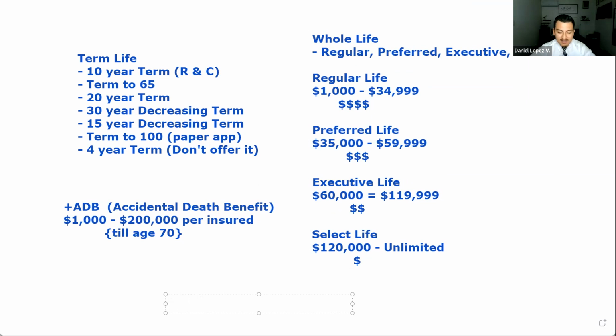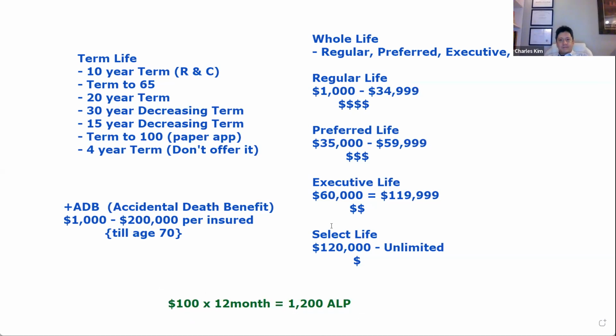So if all of this costs $100 a month, what we do is we multiply it by 12 months, and we get 1,200 AOP, which is what you see people post on GroupMe. Okay, you guys follow? Yep. Perfect. Now, all of this is the life insurance that we offer, the AOP.